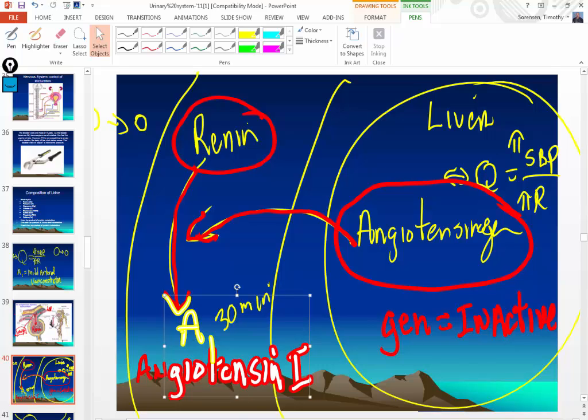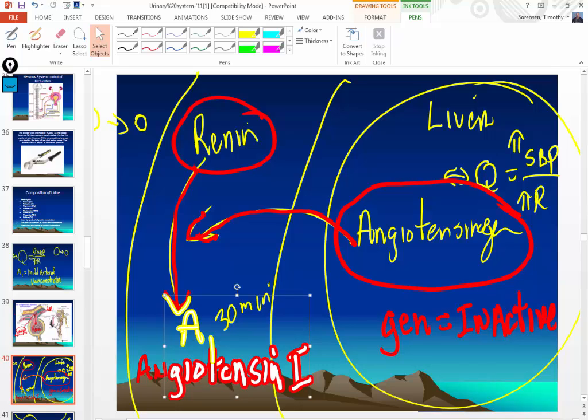It got a degree in culinary arts. Didn't get to go to graduation, though. So they have now, one of the rooms for cooking is named Angiotensin 1. Are you with me?